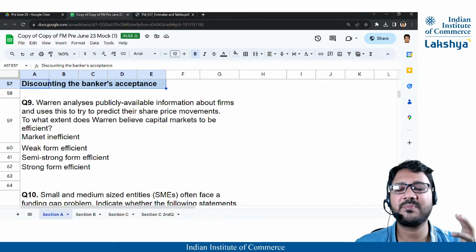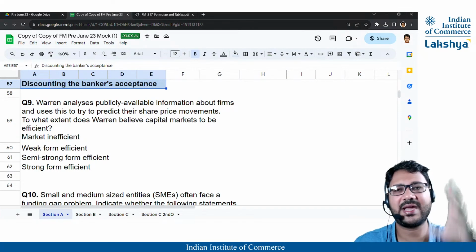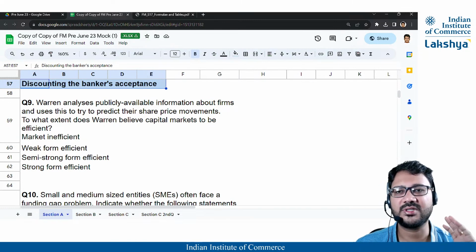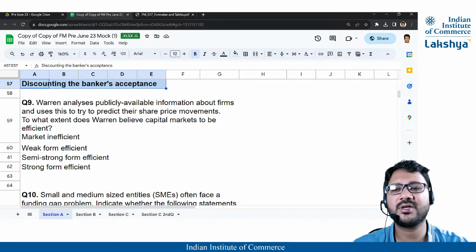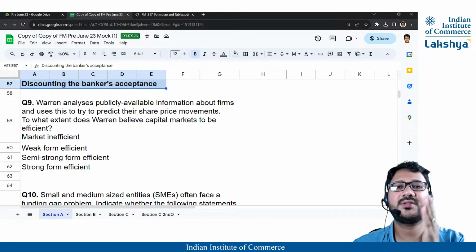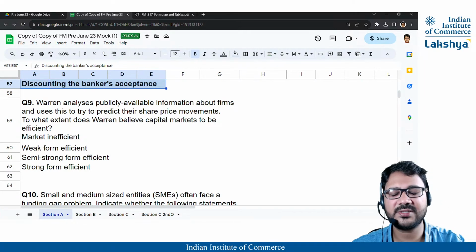Semi-strong means publicly available, that is current information as well as past information. Strong form of efficiency means past information, present public information, and also insider information, which is not out in the public.